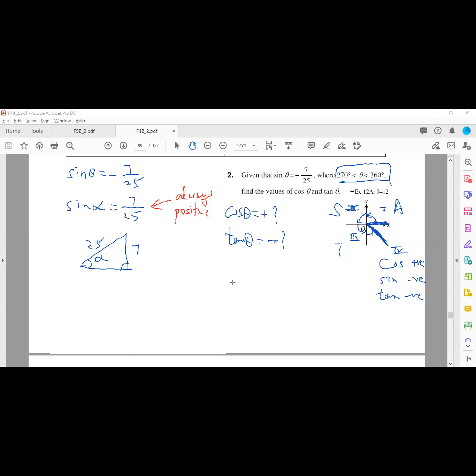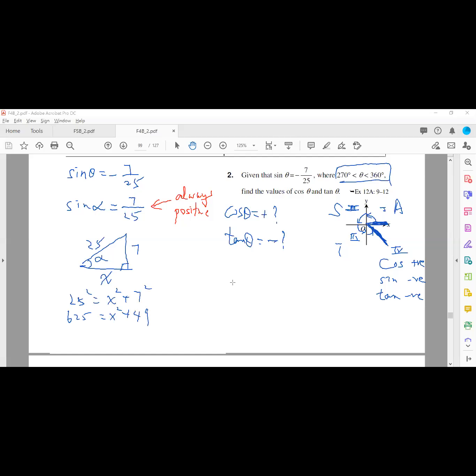But how about the third side? Normally we always let x be the third side. And then we will use the Pythagoras theorem to calculate the value of x. So 25 squared is equal to x squared plus 7 squared. And then 625 is equal to x squared plus 49.